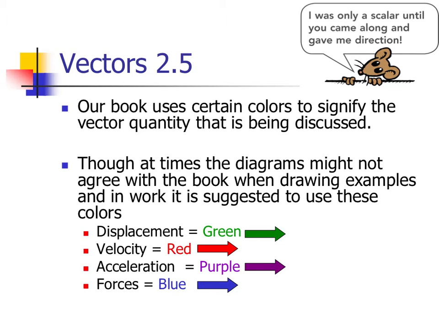Displacement, velocity, acceleration, and forces are known as vector quantities because they have both direction and magnitude. Just like Vector in Despicable Me. He commits crime with both direction and magnitude.